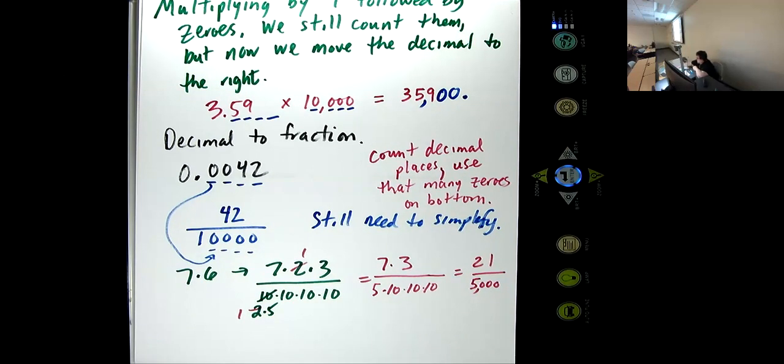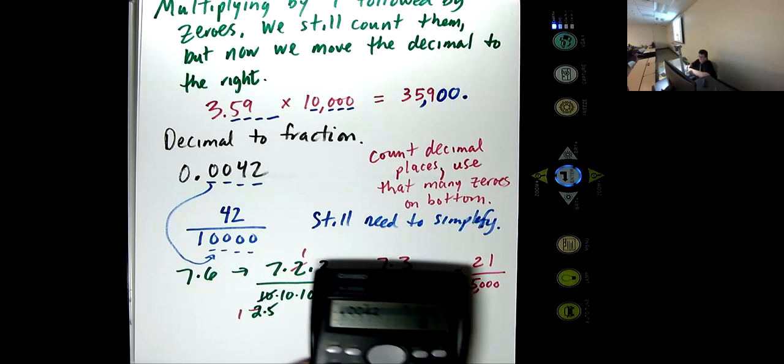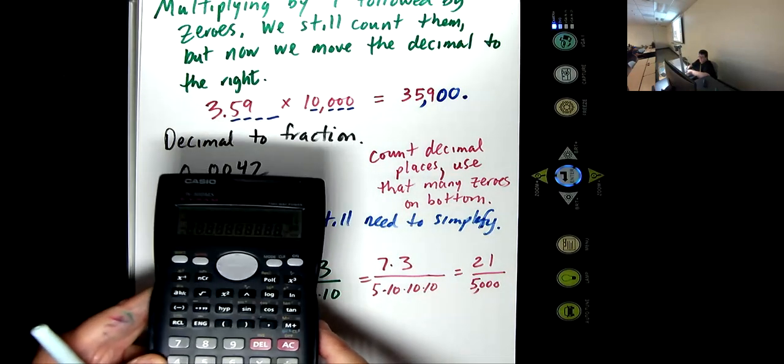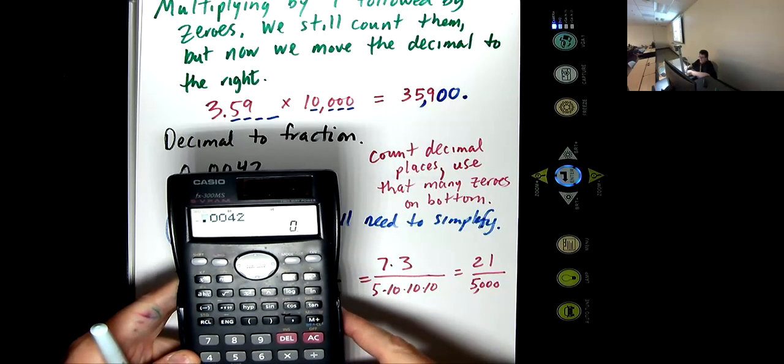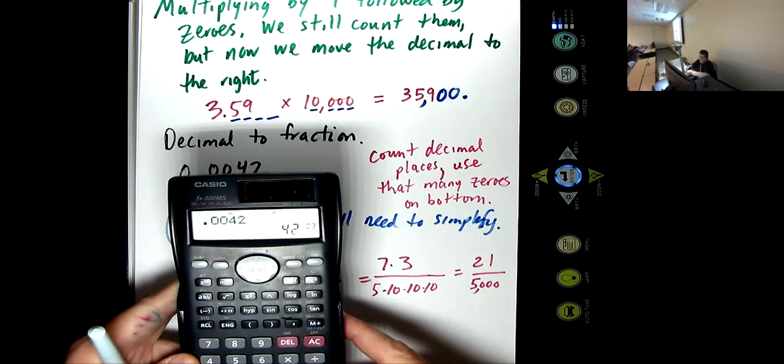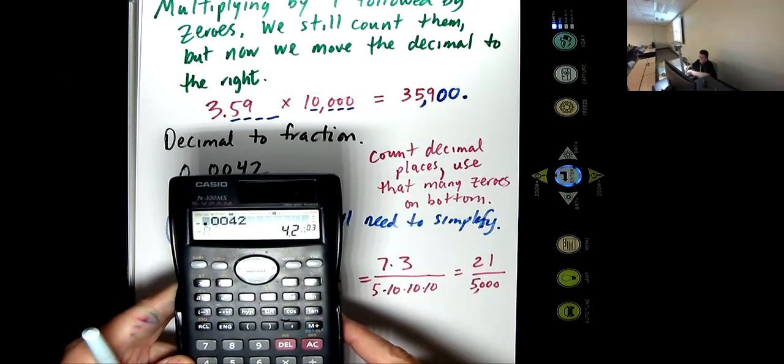Now, your calculator might do this for you. Let me see if mine does. Look at this. I put in 0.0042, and when I hit equals, it writes it in scientific notation.